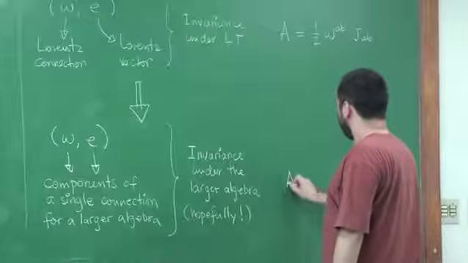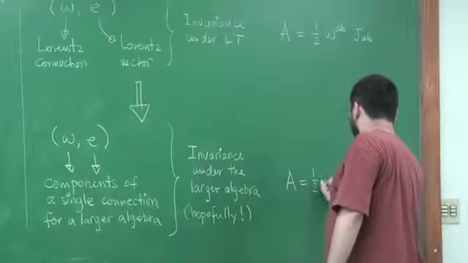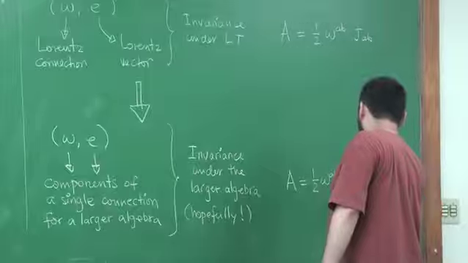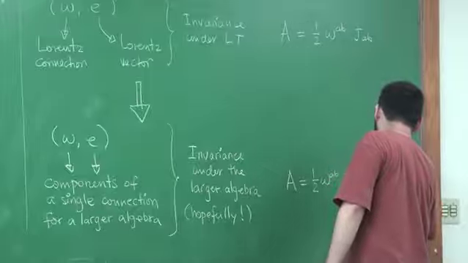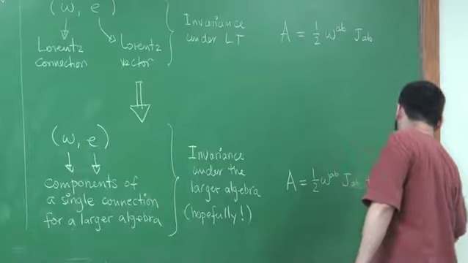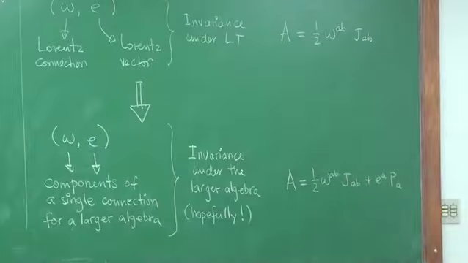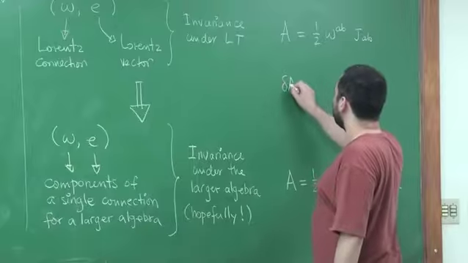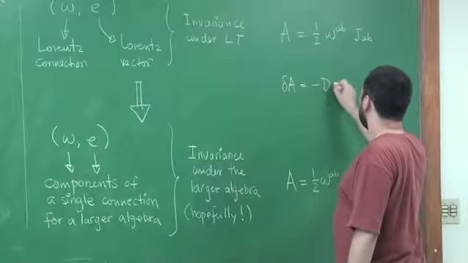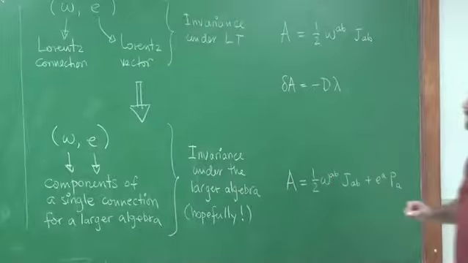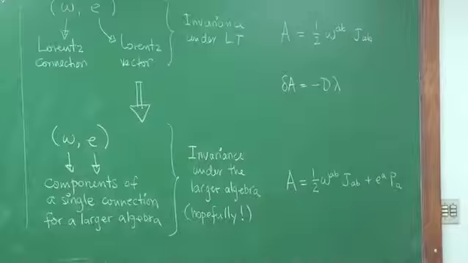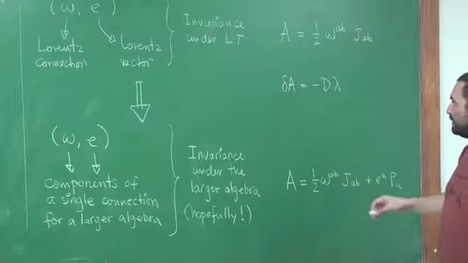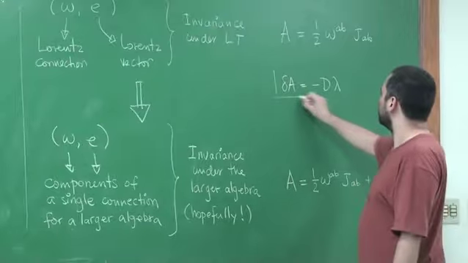And here you have to add the field. And in both cases, you have these gauge transformations. And they have to reproduce what we already know. These have to be equivalent.